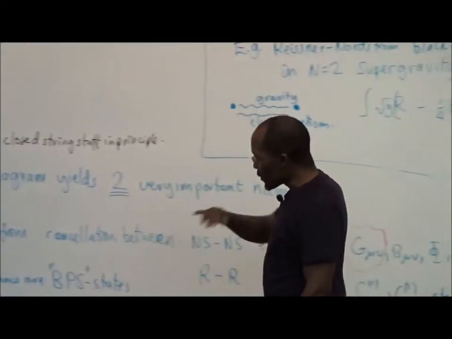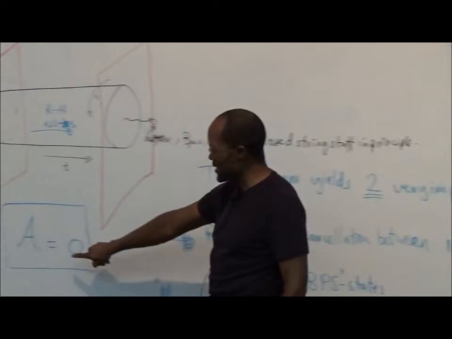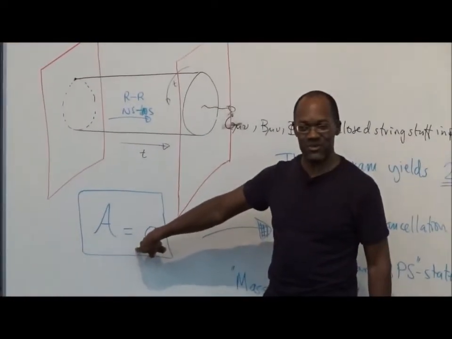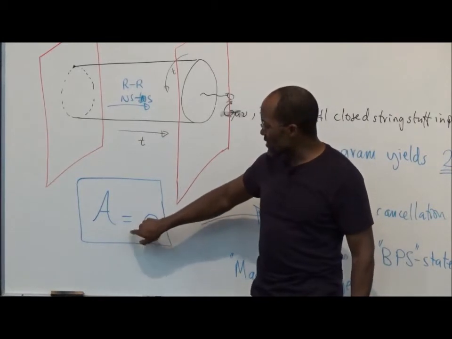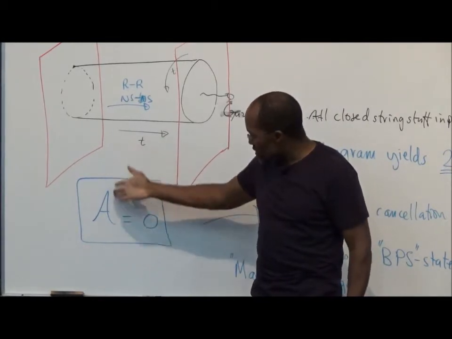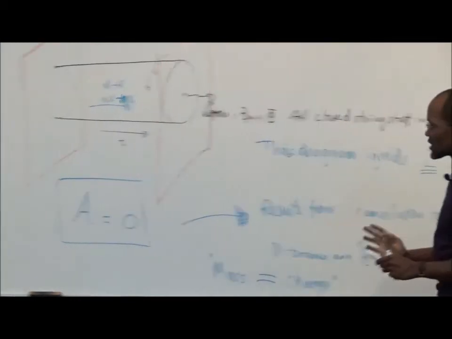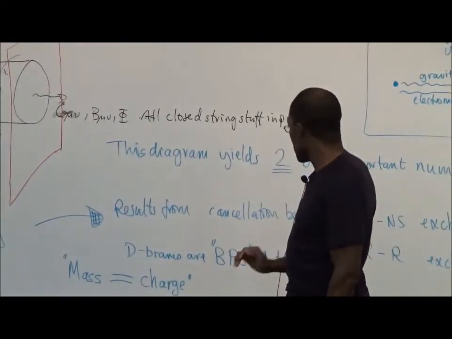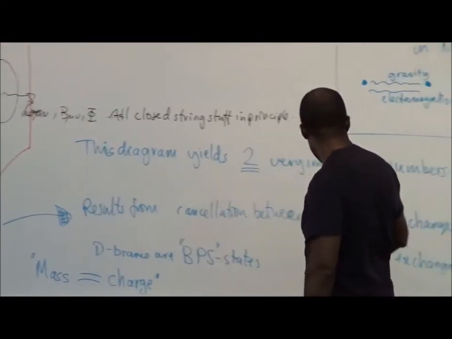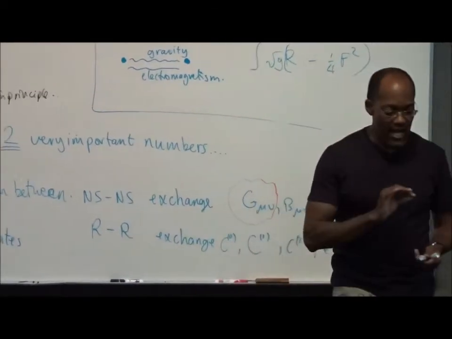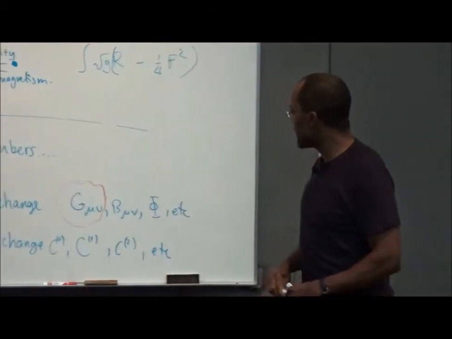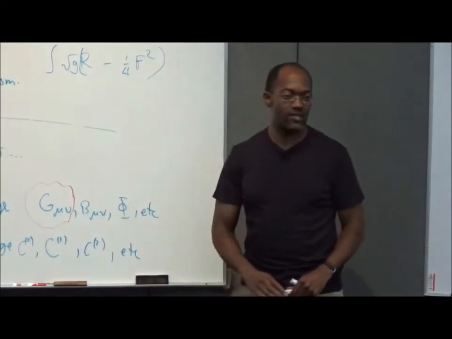So all of this is being interpreted from this A equals 0 result. The point is that you can slice this 0 up precisely because you know how the states are built. You can slice it up to see what's Neveu-Schwarz exchange and what's Ramond-Ramond exchange, and in the limit, focus on the zero mass sector.